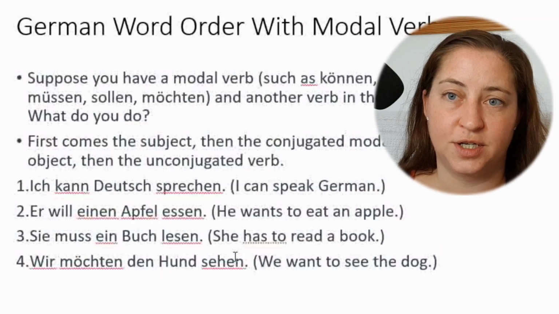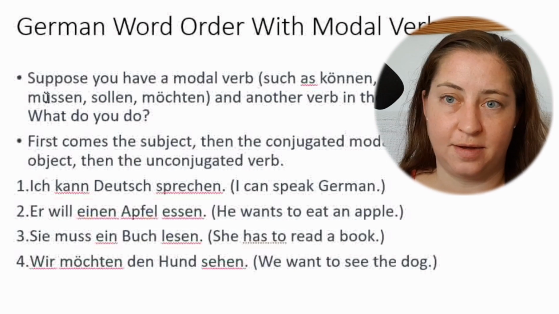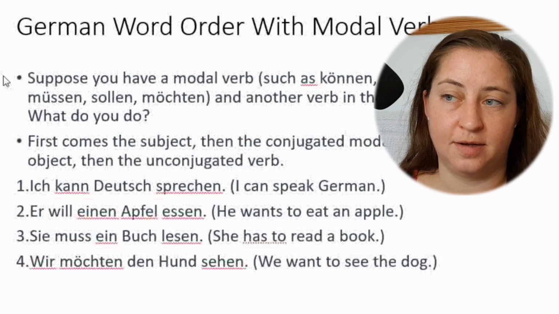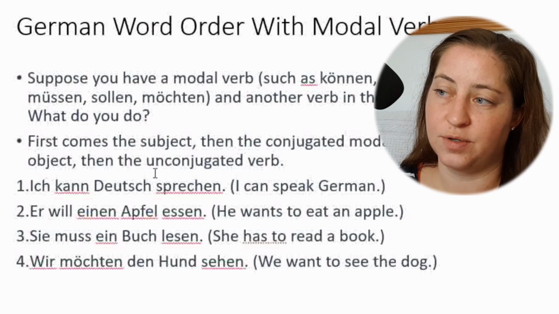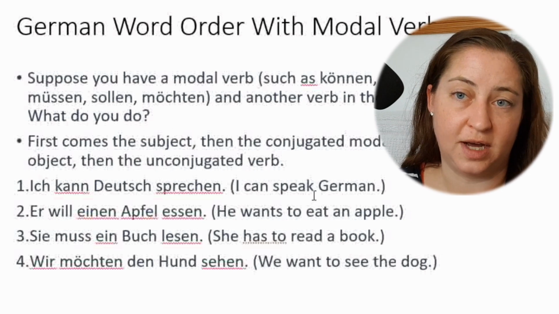Ich kann Deutsch sprechen. I can German speak. So in English, we have it the other way around. I can speak German. We have our verbs together, and then German we would put at the end. But in German, we have our direct object here in the middle after the first verb.